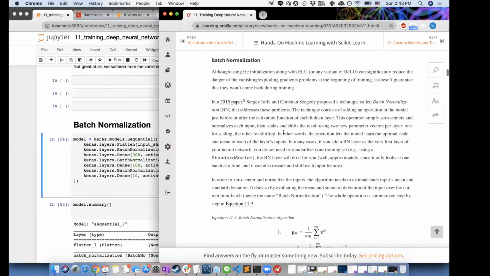There you go. So batch normalization. Like we discussed previously, this has been a quite popular way to normalize your layer, and we'll go through some equations as well.